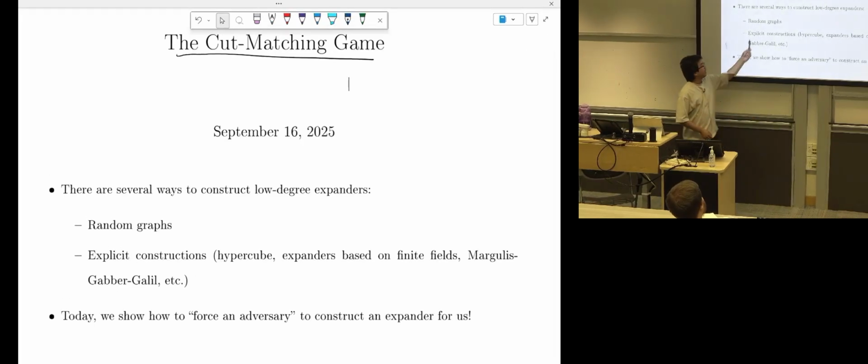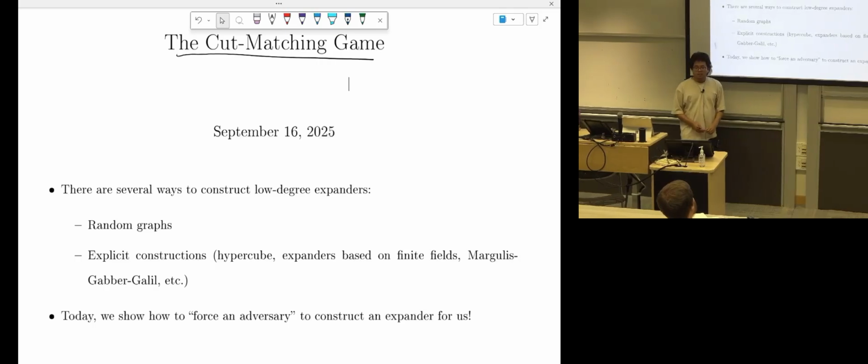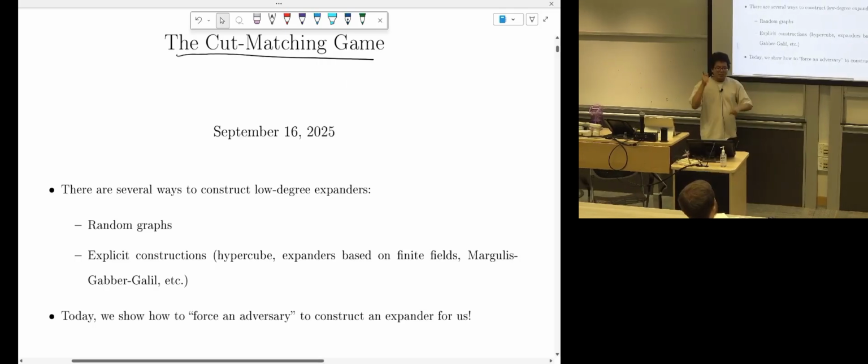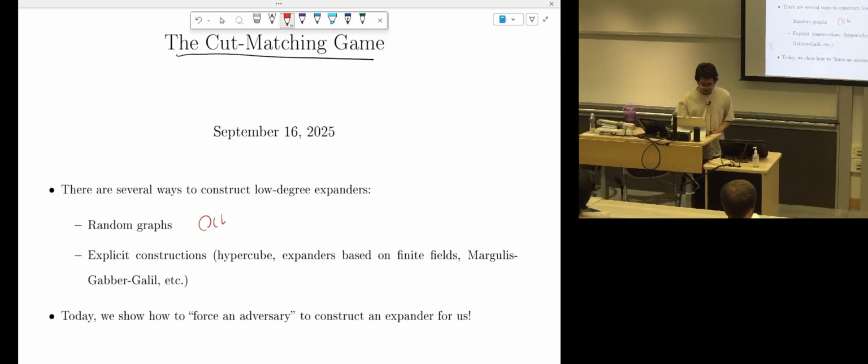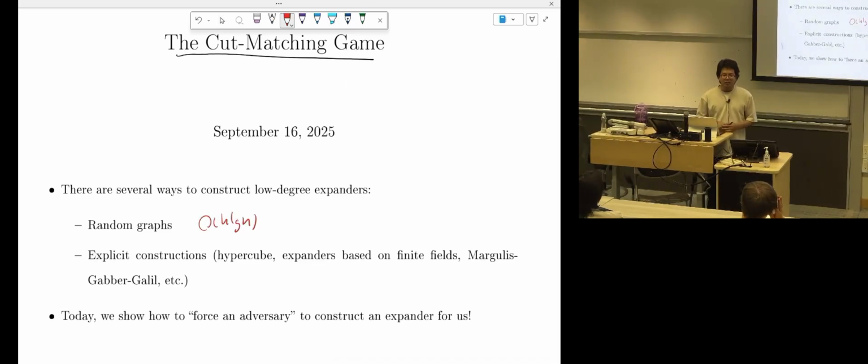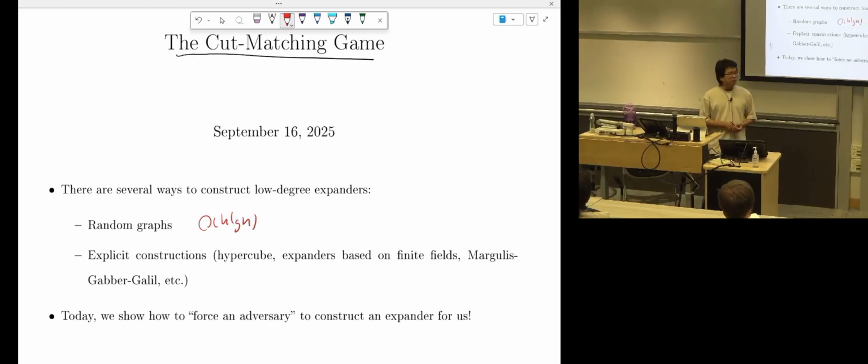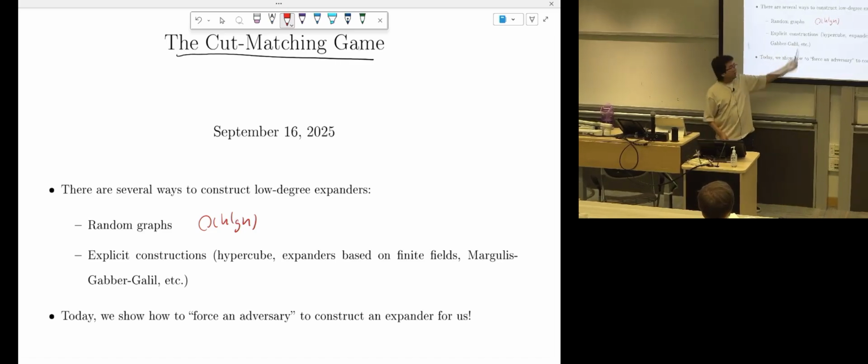One way is just to take a random graph. That's easy. Just put maybe a random graph with n log n edges. That's going to be an expander, with cut expansion that is even constant. There are also explicit constructions, not randomized but deterministic.